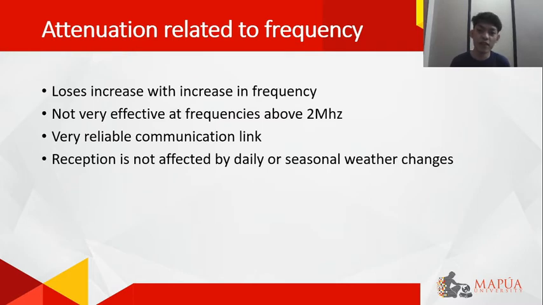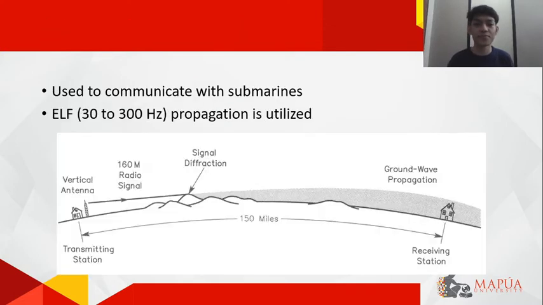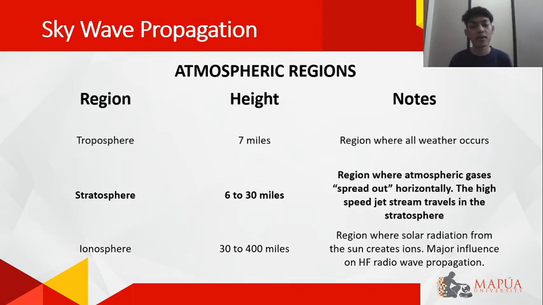It is not very effective at frequencies above 2 MHz, and it is a very reliable communication link, and reception is not affected by daily or seasonal weather changes, which is a good thing. This propagation is also used to communicate with submarines.